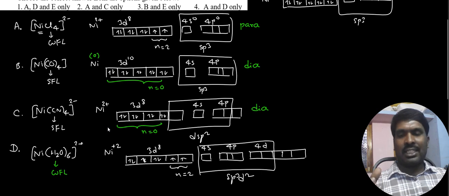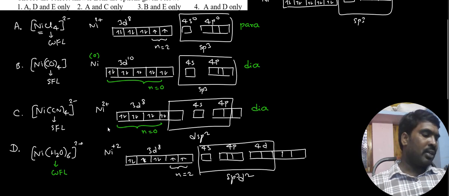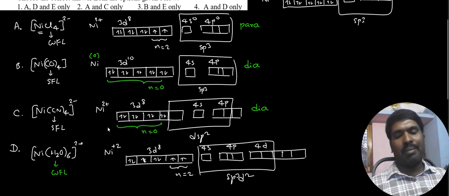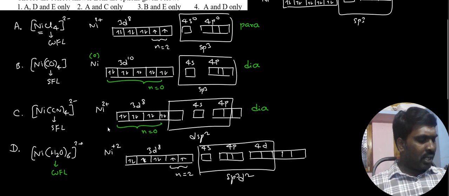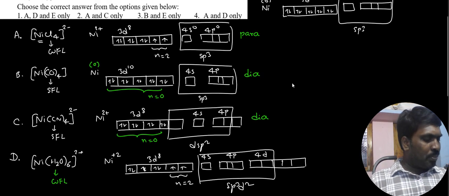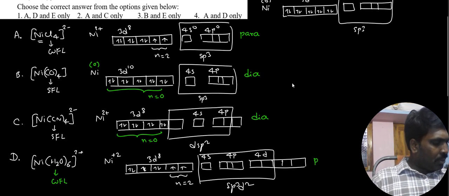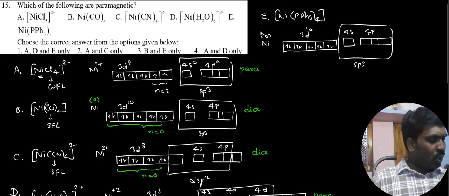The 6 water molecules donate their lone pairs to 6 vacant orbitals, so sp3d2 hybridization. So 2 unpaired electrons are there, that's why it is a paramagnetic complex.